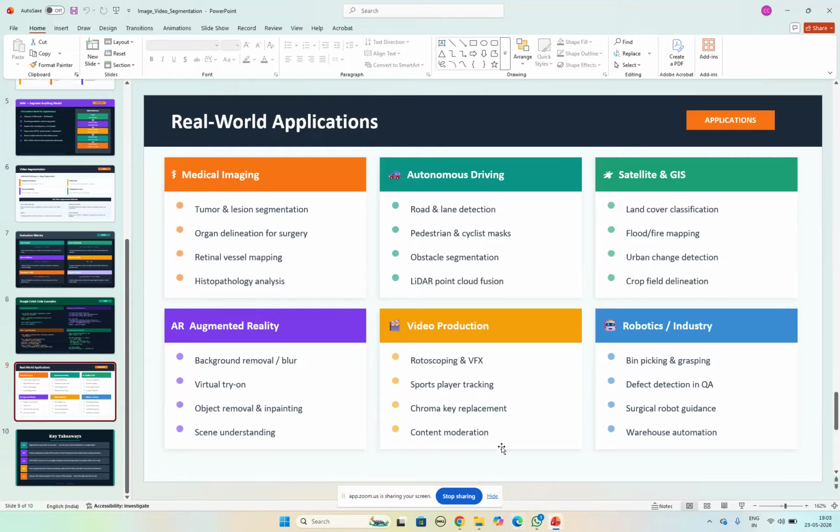And then video production and the robotics industry, similar to autonomous driving. Robotics also use segmentation for identifying different things and moving. And one of the major applications is surgical robots, where robots do the operations, surgeries. So there also segmentation is used mostly.